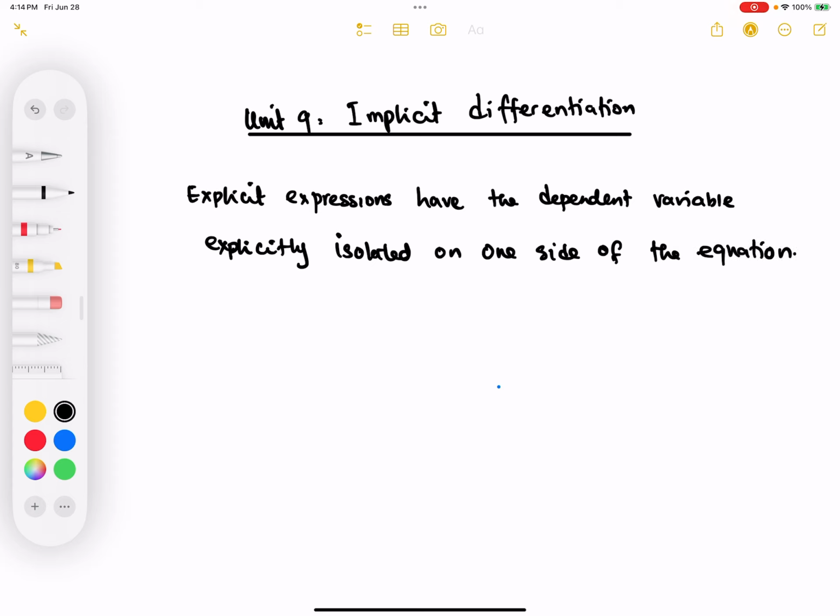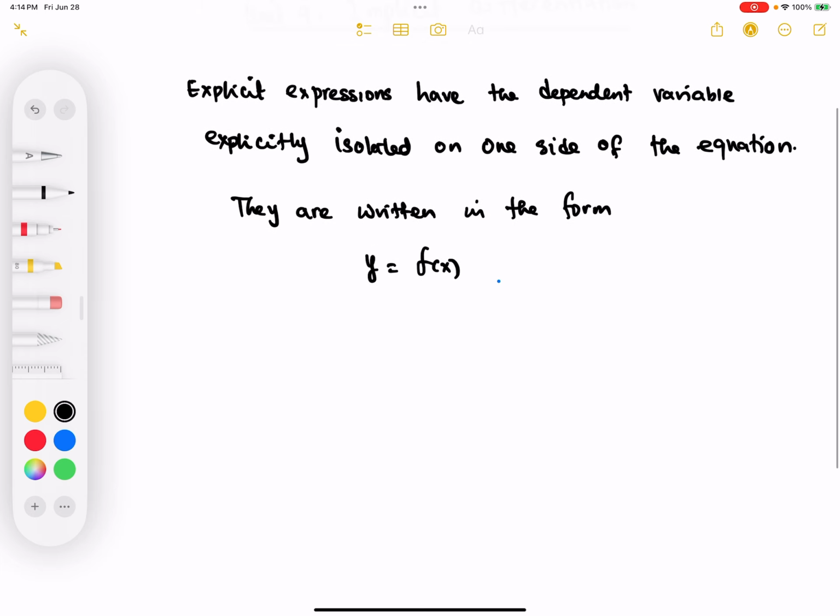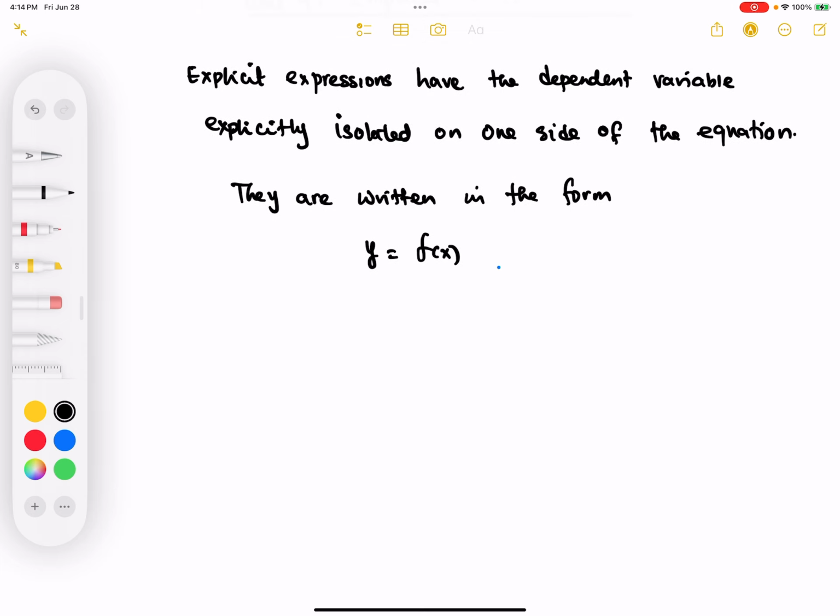For example, they are written in the form y is equal to f of x. That is, there is an input and output relation.